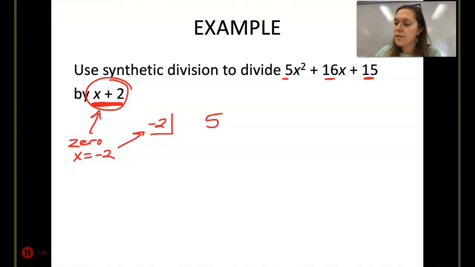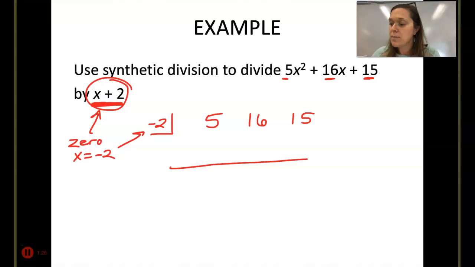I have a coefficient of 5, 16, and 15. Notice there were no gaps. I have a second degree, first degree, zero degree, so I don't need a zero or a space filler. Now I'm going to put a big addition bar right here, and I'm going to drop down my first coefficient, which is 5.